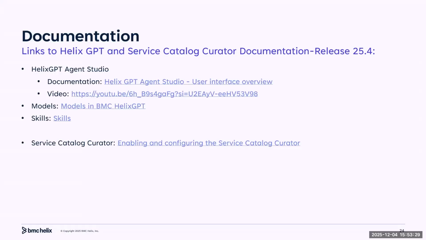And then we have specific information about Service Catalog Curator, how to enable and configure it. Additionally, we have created a document specifically for this configuration that you can see step by step, everything that I've been doing in today's session.